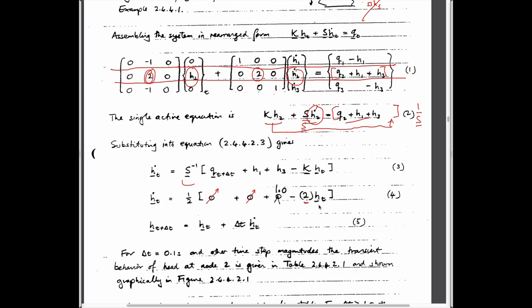And the initial magnitude of this head we need to figure out. For the first time step at t equals 0 plus, h2 will be equal to 1. It's just this value, as it was before. And so if we know this, we're able to calculate the rate of change of this.